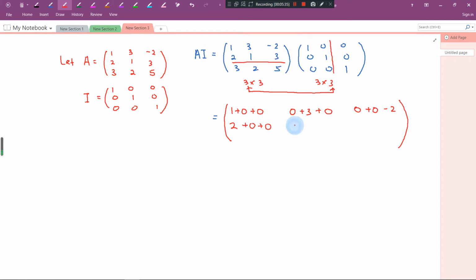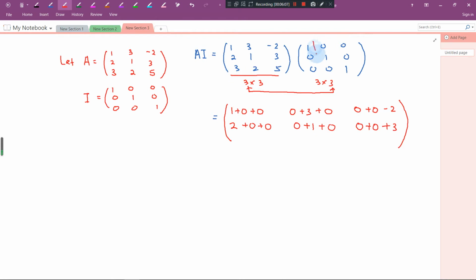2 times 0, 1 times 1, 3 times 0. Okay. Second row, third column. 2 times 0, 1 times 0, 3 times 1, plus 3. Okay, let's go to the last row.